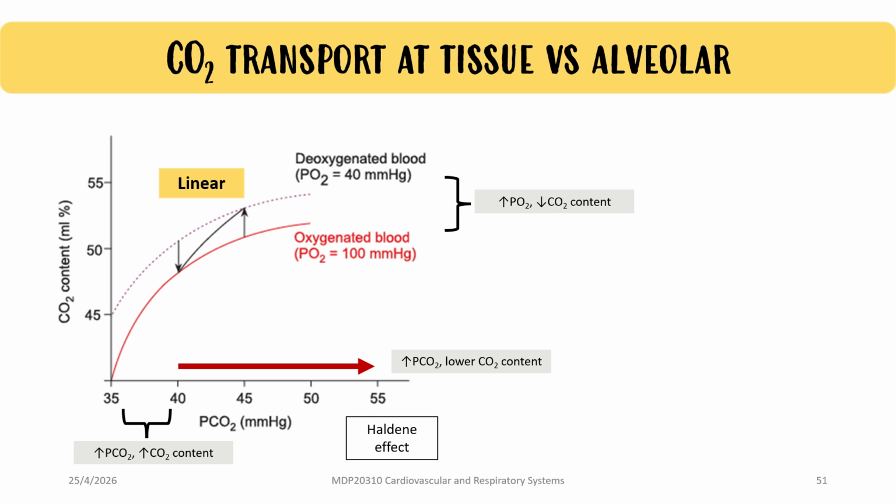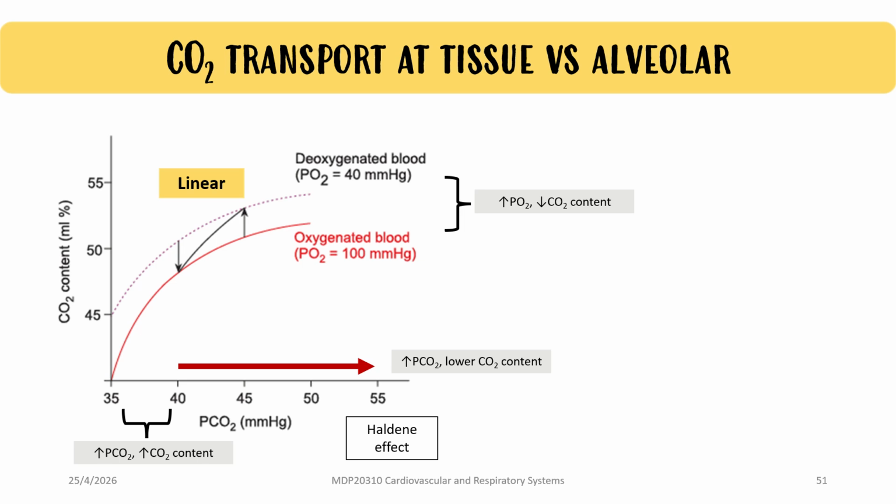Then reverse chloride shift will happen at the alveolar level to maintain the electrical neutrality. At the tissue, just now we had the chloride shift, where the chloride will enter the cell to maintain the neutrality. But at the alveolar level, the chloride will now be shifted outside, external to the cells, in order to maintain the neutrality.